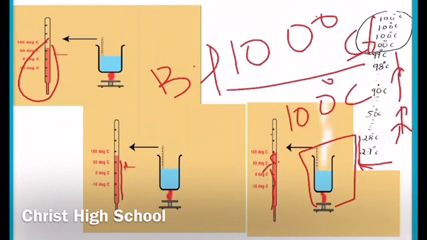Suppose it needs 30 minutes, then till that time the temperature on the thermometer will be 100 degrees Celsius.